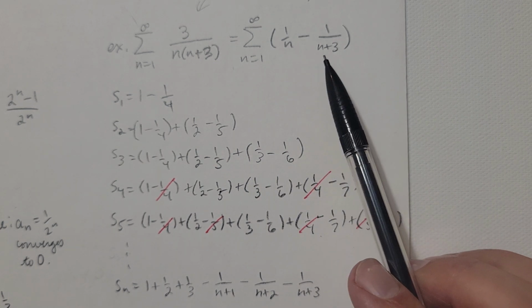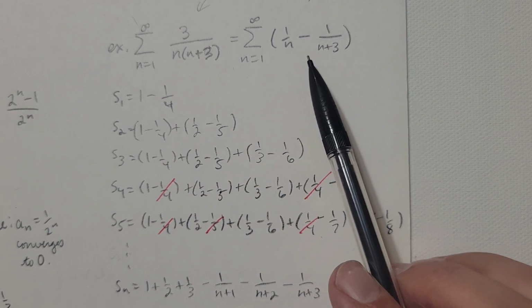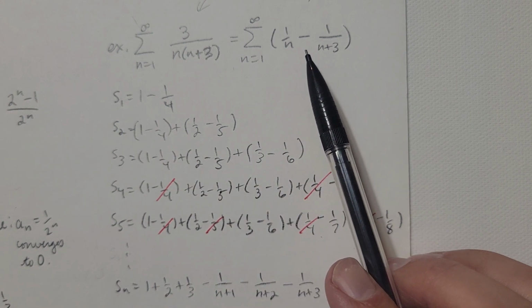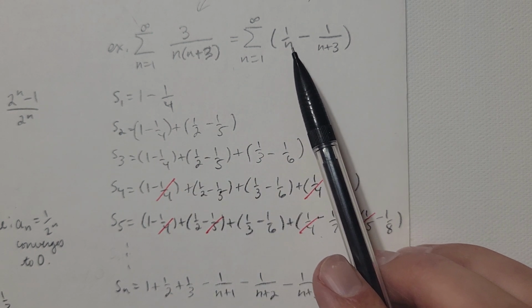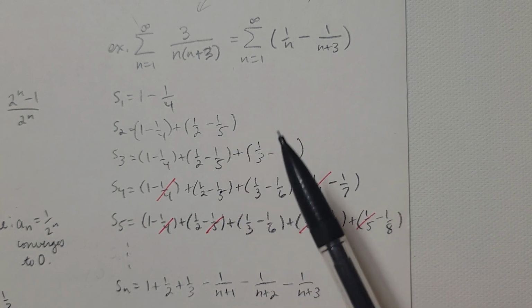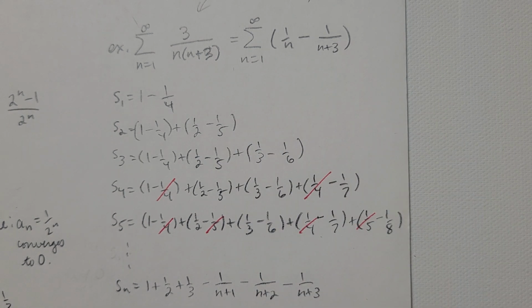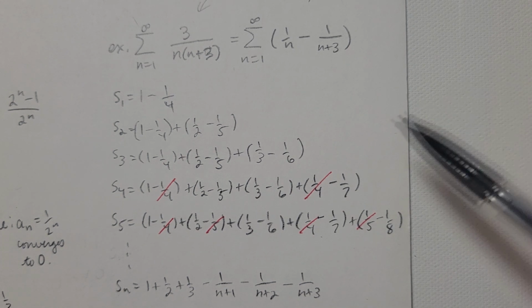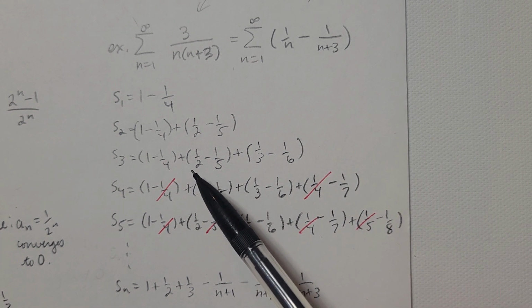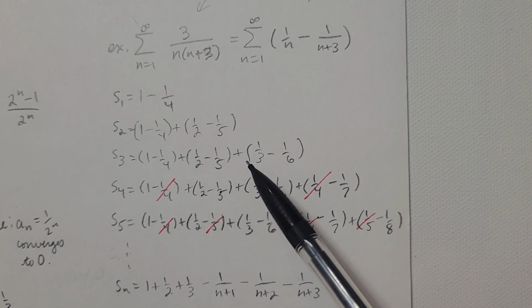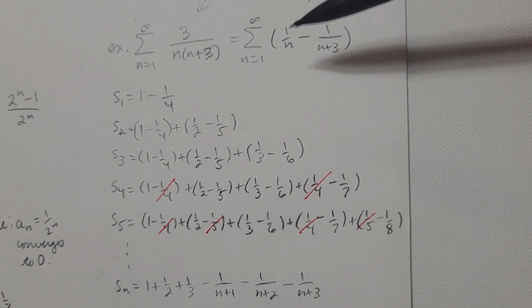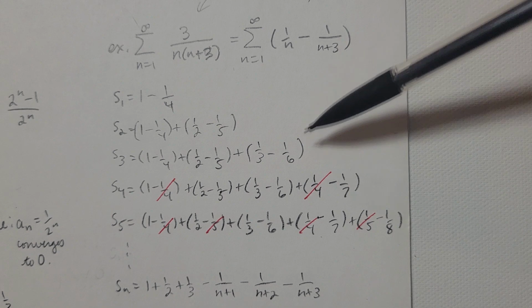So 1 minus 1/4 plus, when n is 2, I get 1/2 minus 1/5. Okay, and then S sub 3 would be where I'd add up the first three terms. So I'm looking at 1 minus 1/4 plus 1/2 minus 1/5 plus, when n is 3, I get 1/3 minus 1/6.